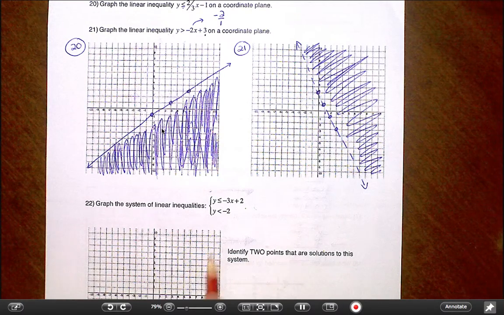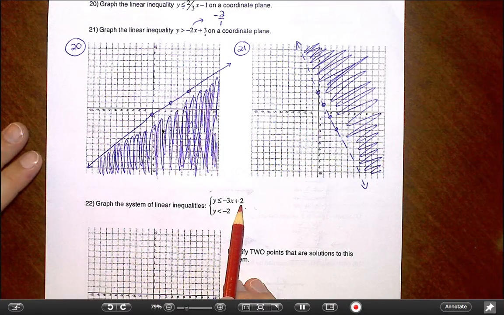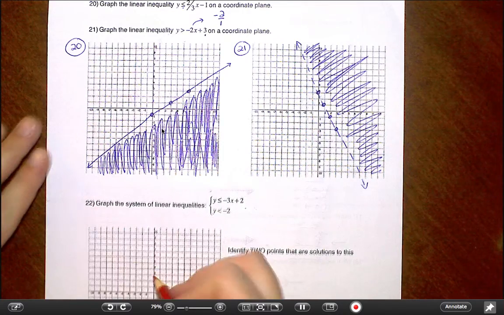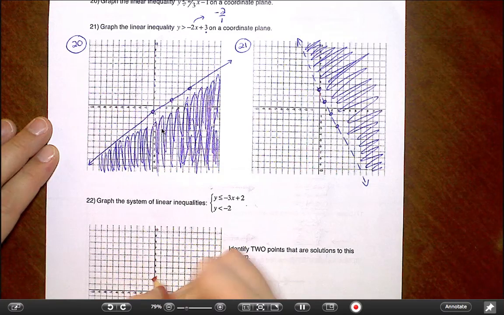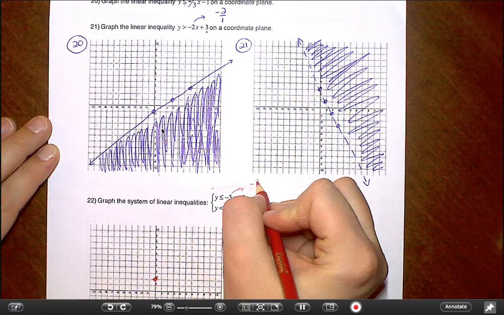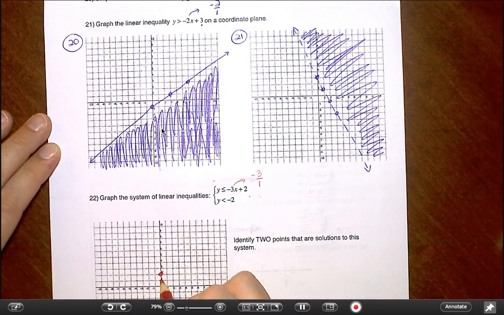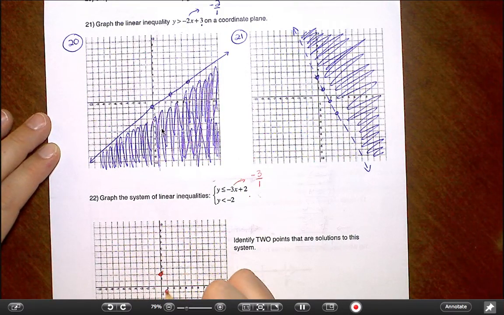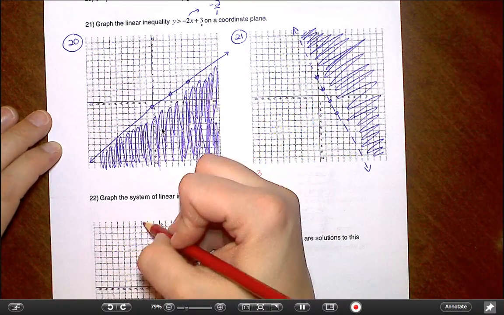Okay, so for this first equation, I'm going to start at my y-intercept of +2. My slope is -3, which I'm going to make -3/1. And that's going to tell me to go down 3 and right 1. Down 3 and right 1. This does have an equal bar, so I'm doing a nice solid line.